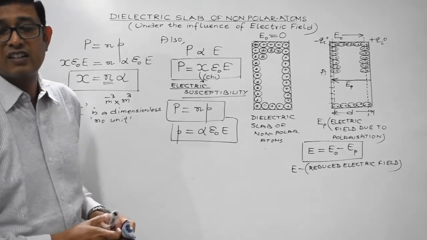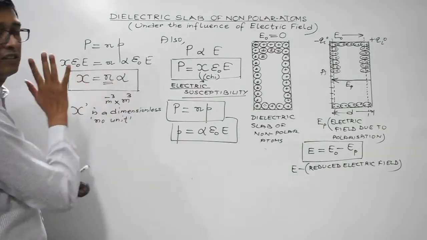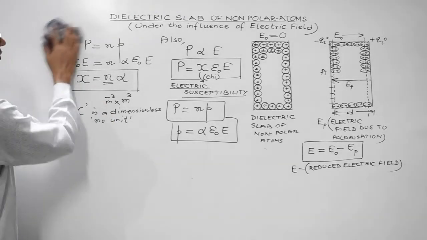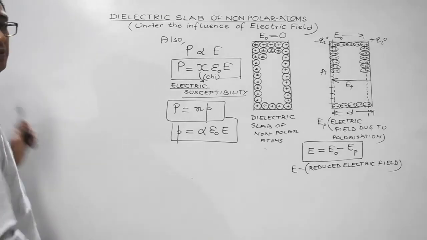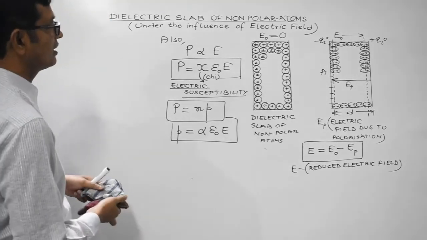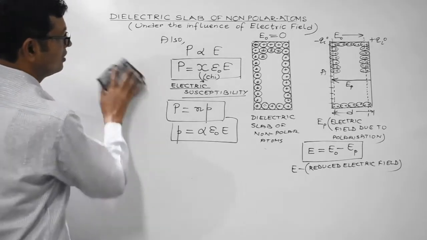So that's electric susceptibility, and this is the relationship between atomic polarizability and electric susceptibility, right? Susceptibility means how prone a medium is towards the effect of electric field. We'll discuss it in detail in the subsequent chapters.